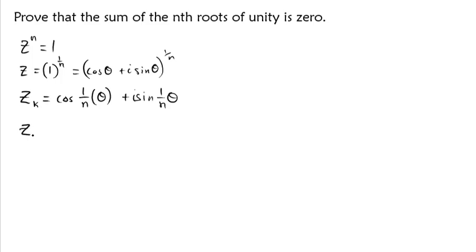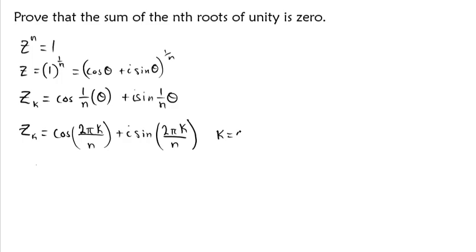So we can say zk is equal to cos of 2 pi multiplied by k, because it can be a multiplier, divided by n, plus i sine of 2 pi k divided by n. This is for all k equal to 0, 1, 2, 3, all the way up to n minus 1.